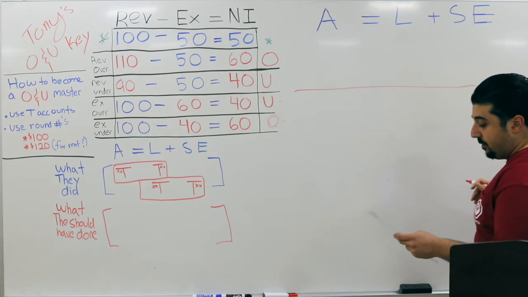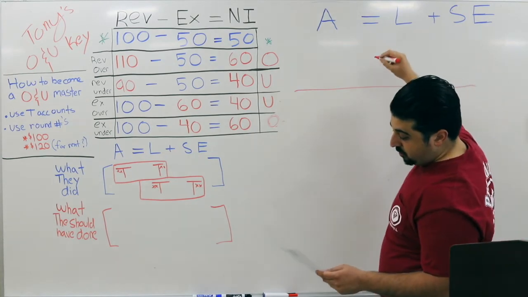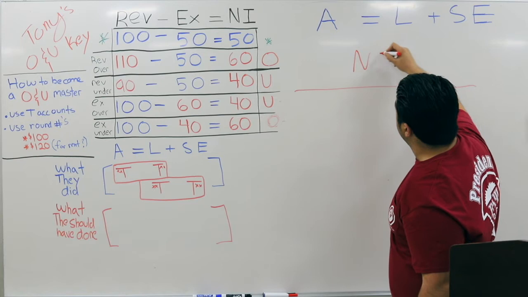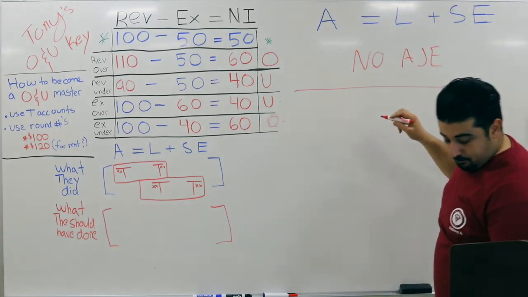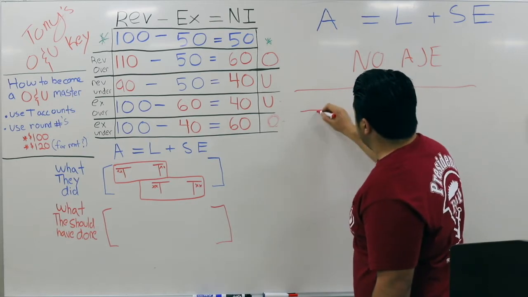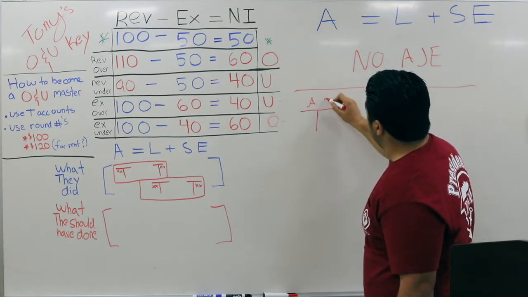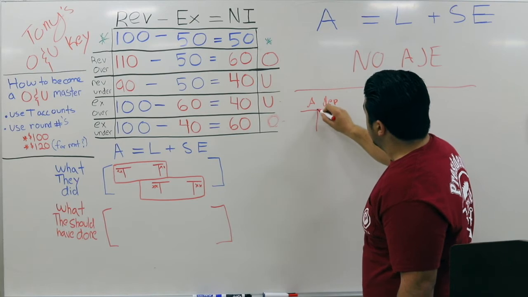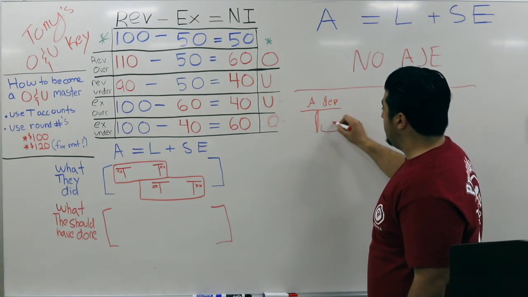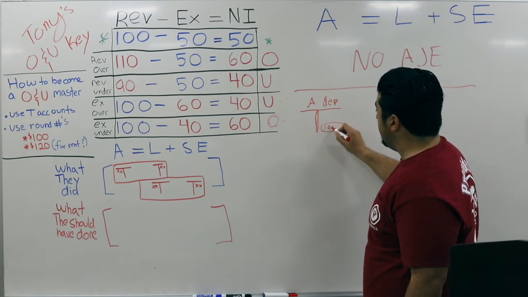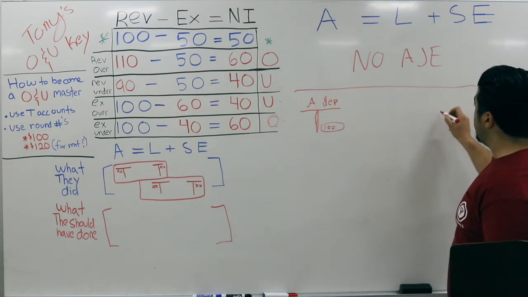So, okay, so they failed to do it. So no AJE. But accumulated depreciation is a contra asset account, so it's located here. Let's get 100. And depreciation expense.